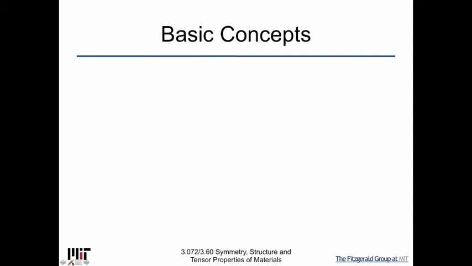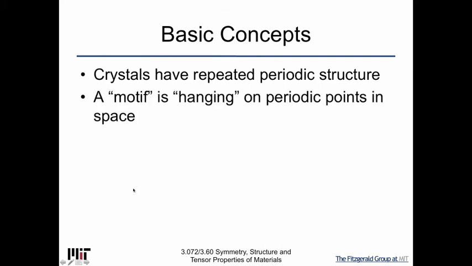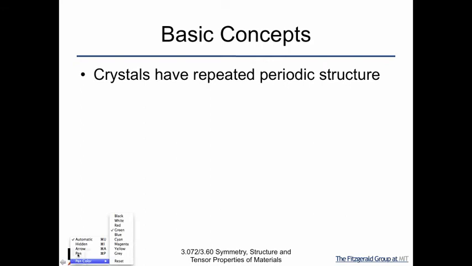So let's start with some basic concepts. One of the key things is that crystals have repeated periodic structure. The key word in this sentence is periodic: the structures have some sort of spacing, and it's repeated over and over again.